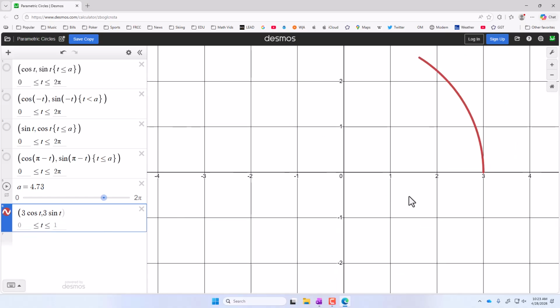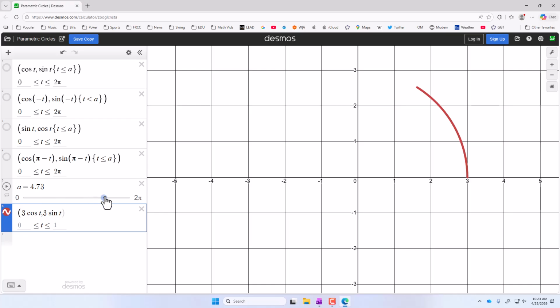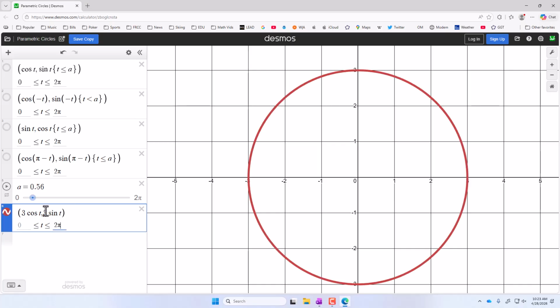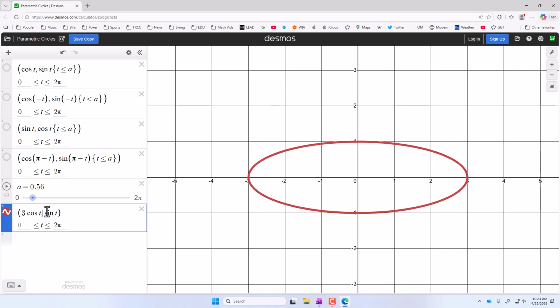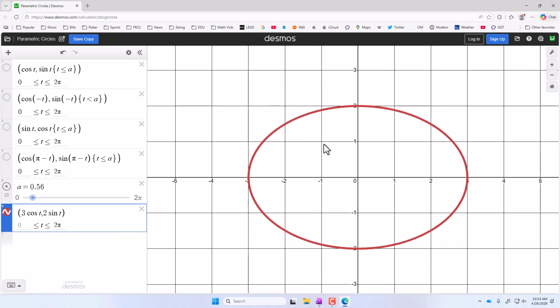So that's going to be circle of radius 3, and I didn't put an a in there. Let's make this 0 to 2 pi, and we'll get the whole circle. So we change that to a 2. We get an ellipse. If we put a negative in front of it, we get the same ellipse. Put a negative over here, doesn't matter.